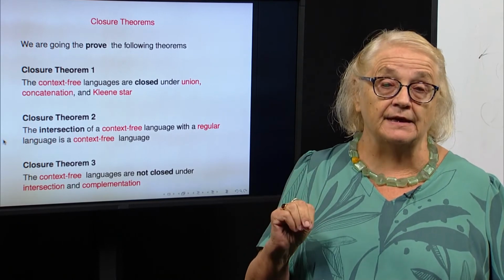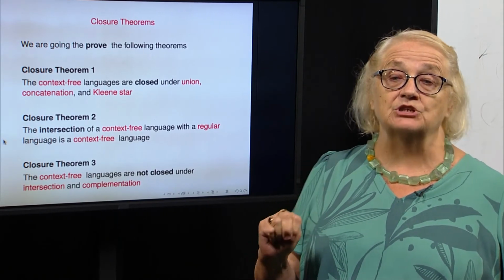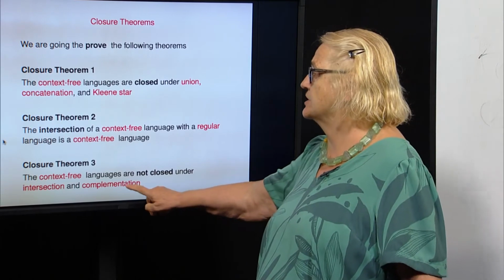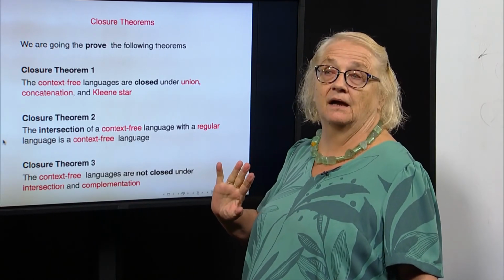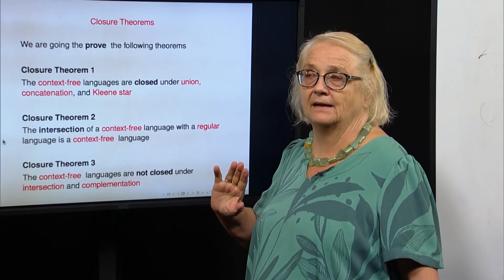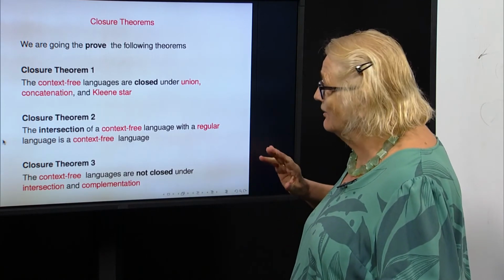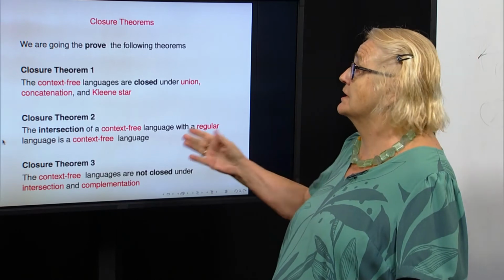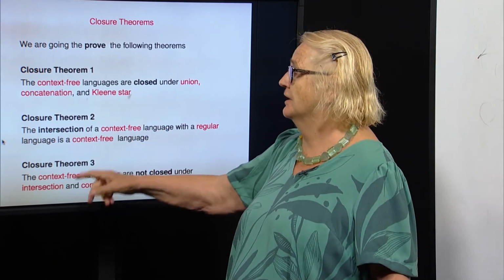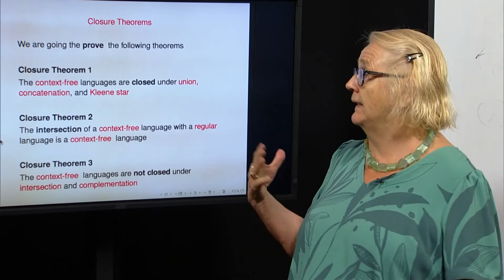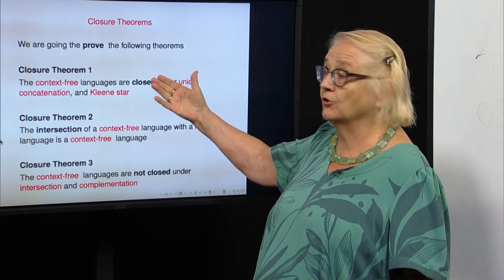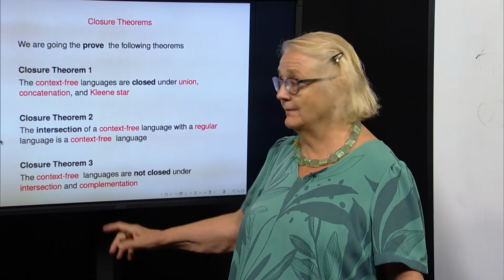And third, context-free languages are not closed under intersection and complementation. Remember, the regular languages were closed under union, concatenation, intersection, complementation. They were very regular. Now, the context-free languages are not closed under intersection and complementation.